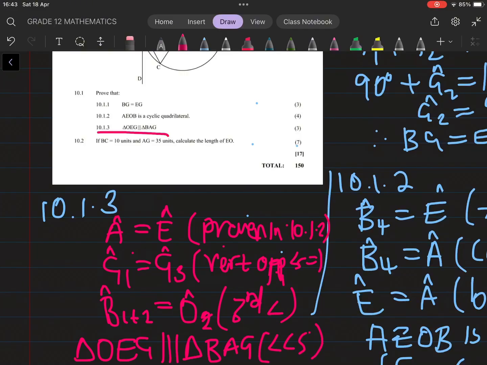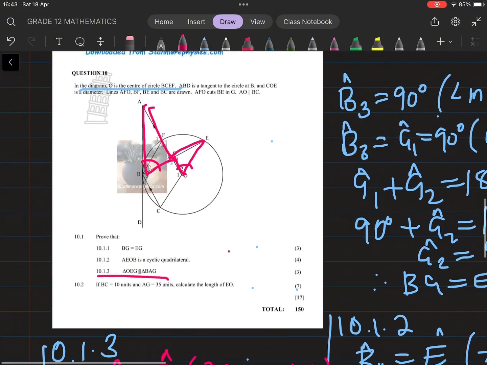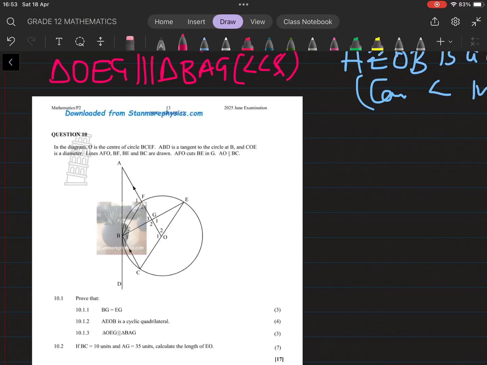Right. Okay. So now if BC is 10 units, we're now going to 10.2. If BC is 10 units, perfect.